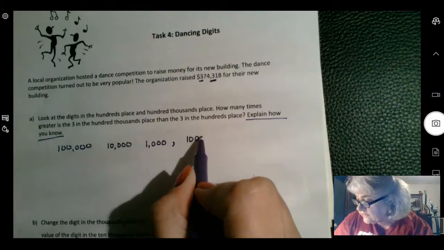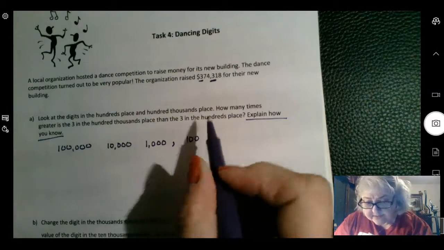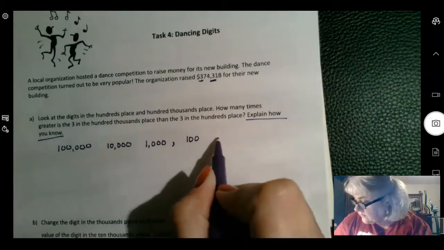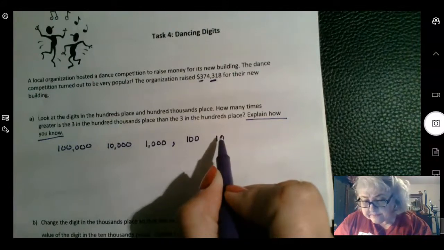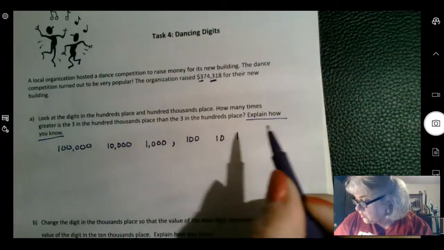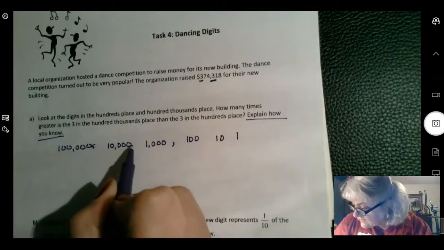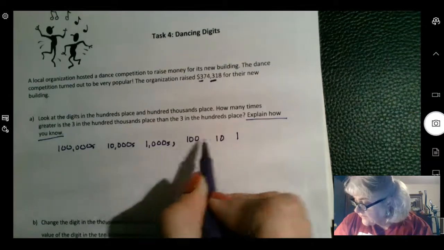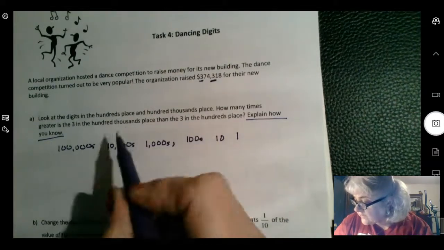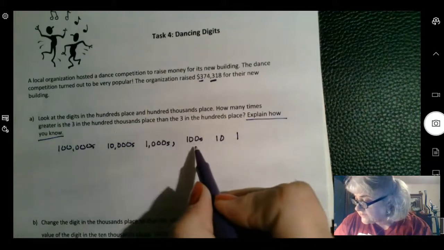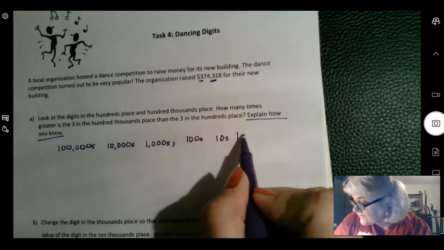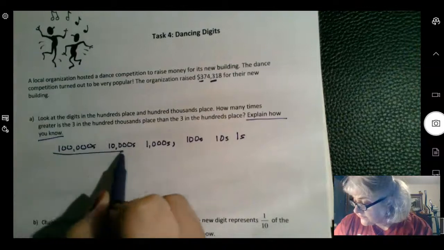Then I would have my 100s, my 10s, and my 1s. I'm just going to put an S after that so that we'll say it as 100,000s, 10,000s, 1,000s, 100s, 10s, and 1s.